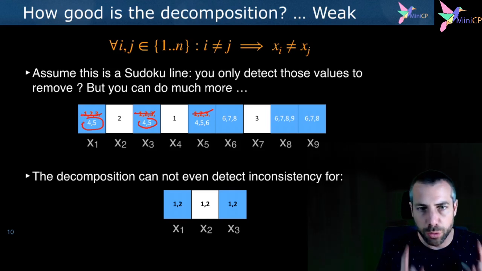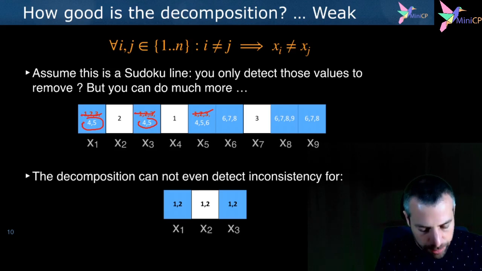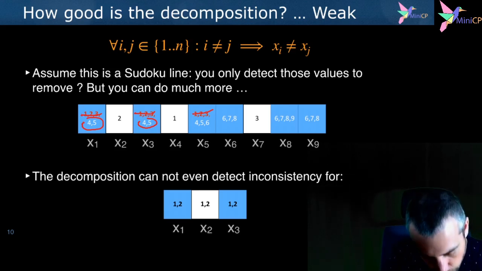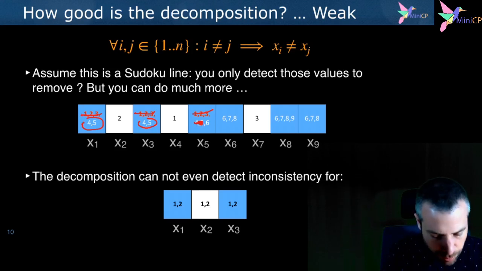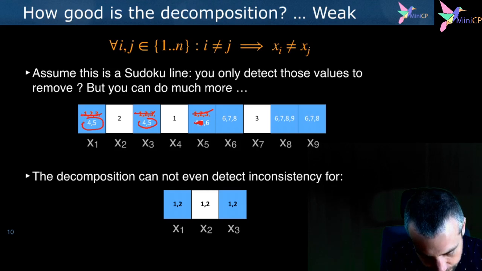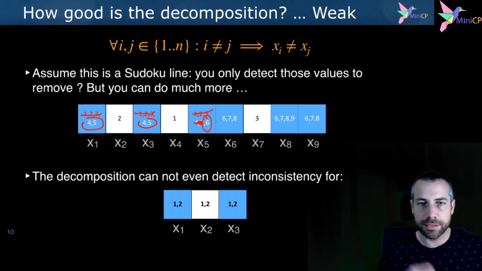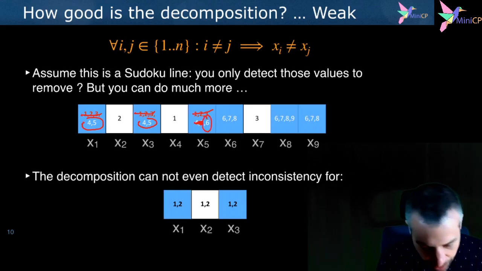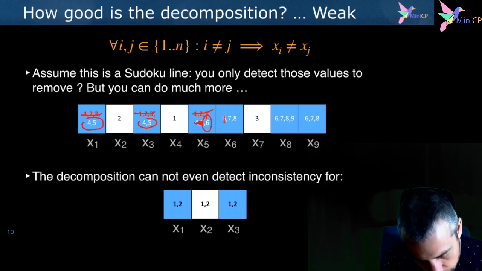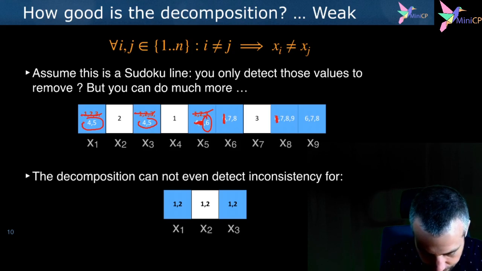You know that these two values are not available for other variables. And so you can remove 4 and 5 from the other one. So let's remove it from x5, and then you know that you have 6 here. But now, since 6 is decided for x5, it can also be removed from x6, x8, and x9, okay?